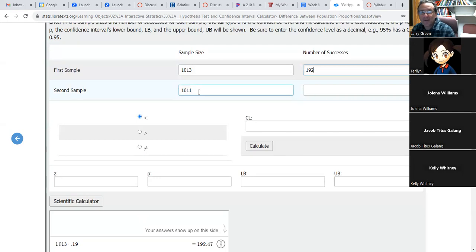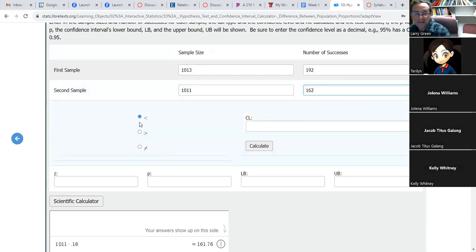And for the second sample, 2022, that was 16% of 1,011. So 1,011 times 0.16, and that is 162. Any questions on that?